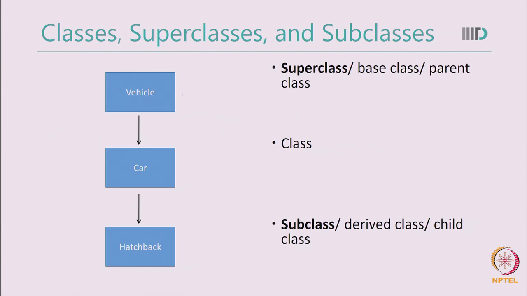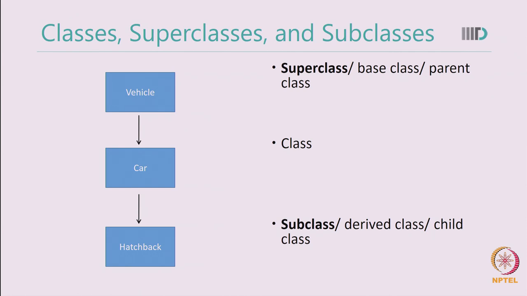We use the hierarchy to simplify our programs. We define the superclass which has a functionality which is common to all the subclasses, and we move on down the level by defining more and more functionalities. For example, every vehicle may have some wheels, every vehicle may have some sitting space. However, a car may have some specialized type of wheels, and a car may have a specialized type of sitting space.